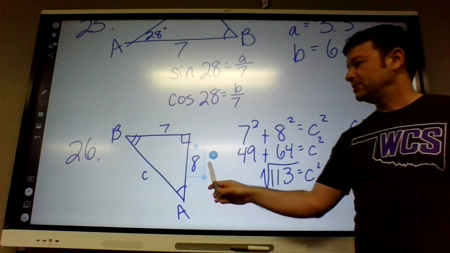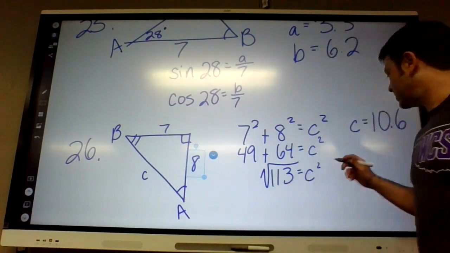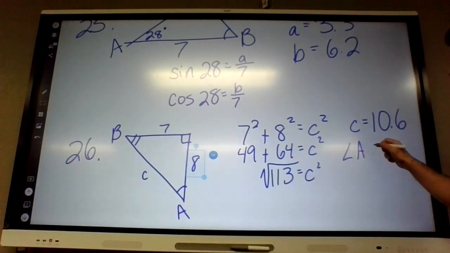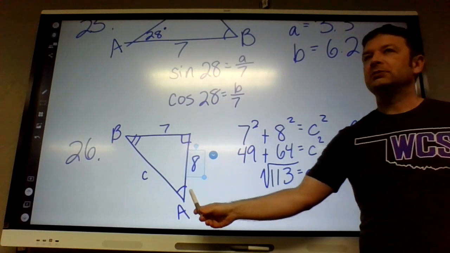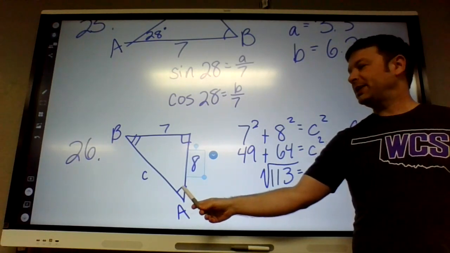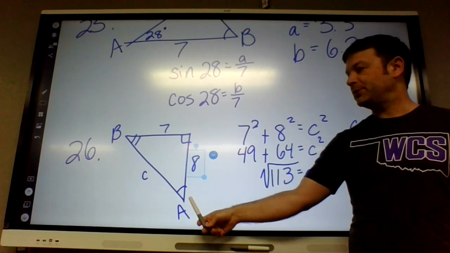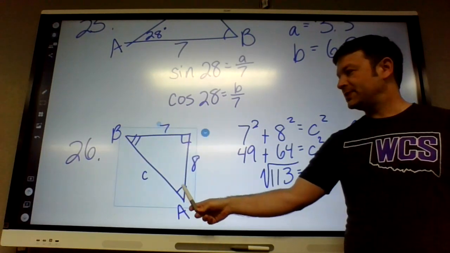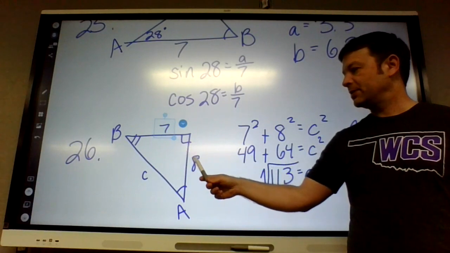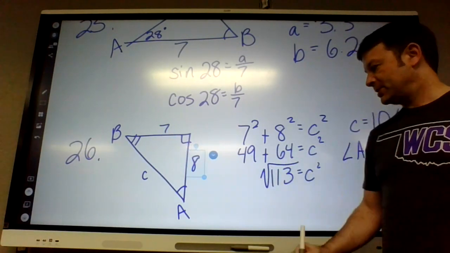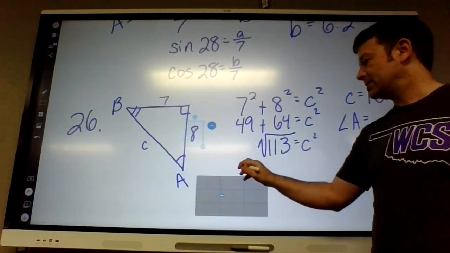Okay. How do I find angle A on this one? Basically the same thing as we did on number 1. Remember we found angles on 1 through 6? So relative to this angle, what 2 sides do I have here? Opposite and adjacent, which makes a tangent.